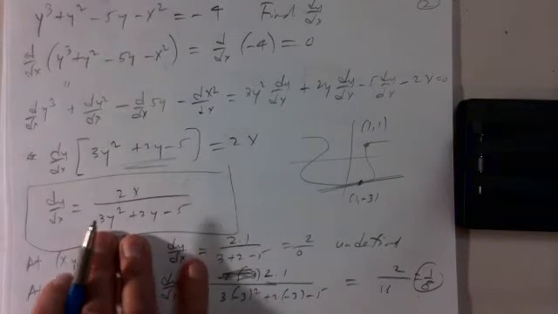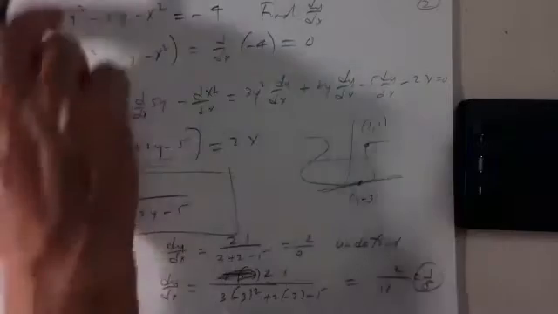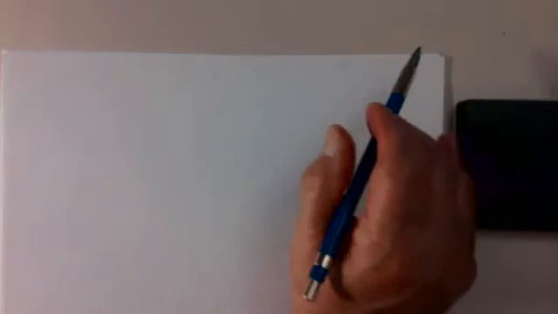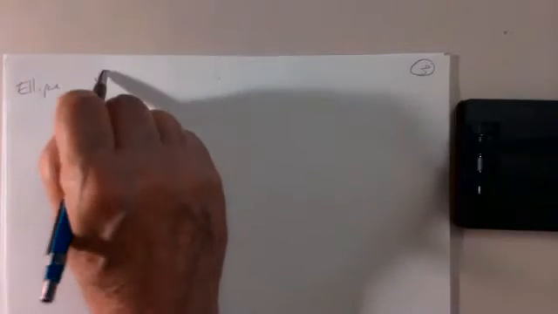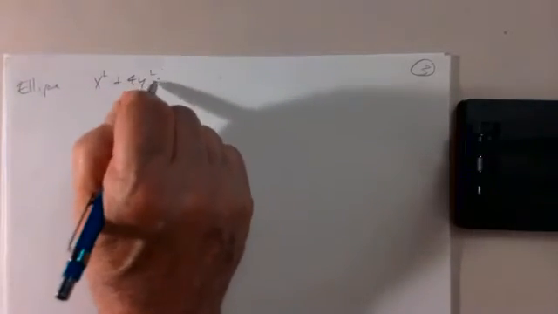Okay. Let's do more and more examples. So suppose we take the ellipse x squared plus 4y squared equals 4.